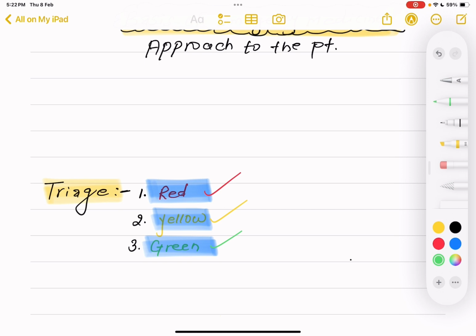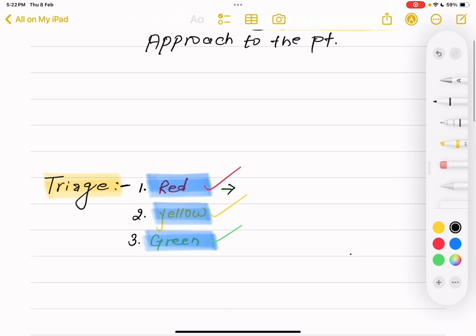So what sorts of emergency patients are going to be kept in such categories? In case of a red one, we admit very critical patients. Critical patients are kept in a red category, a red zone.